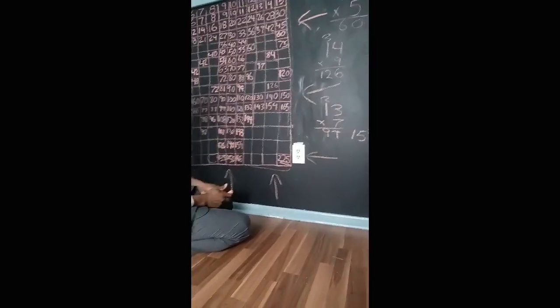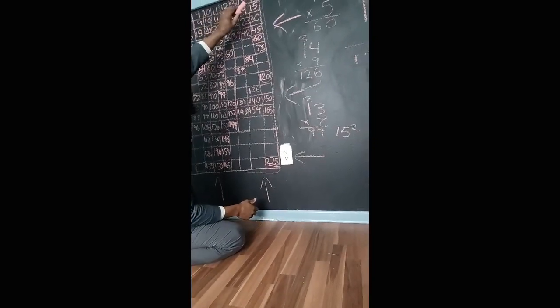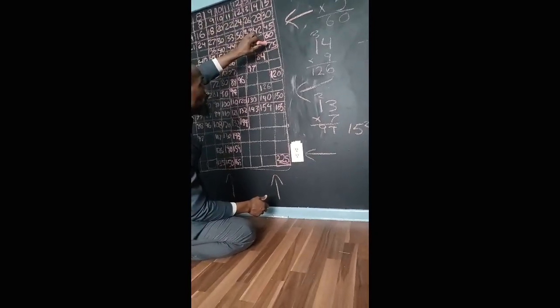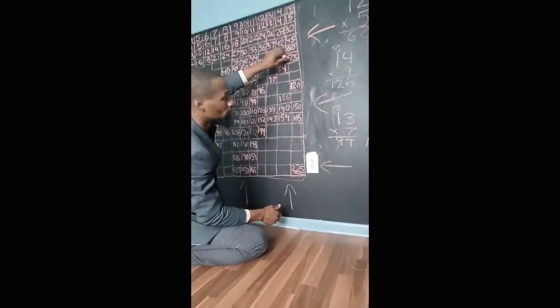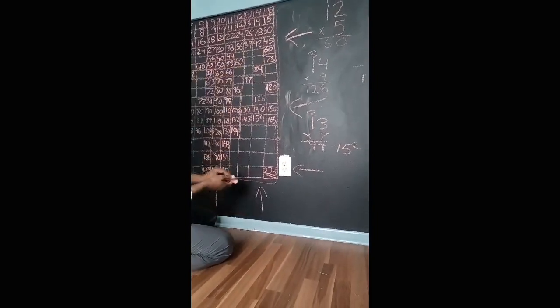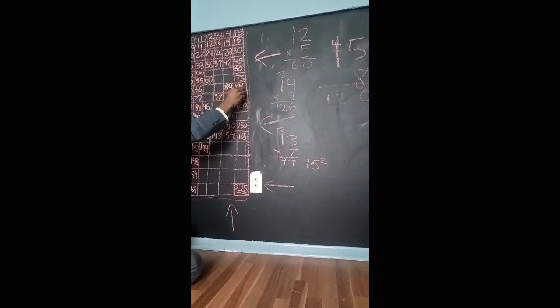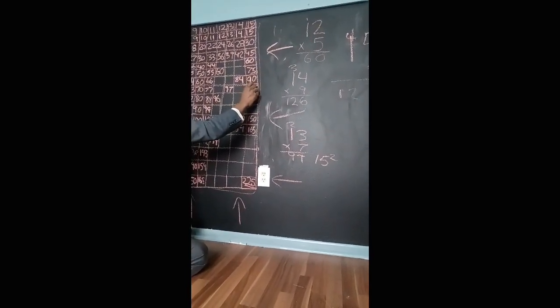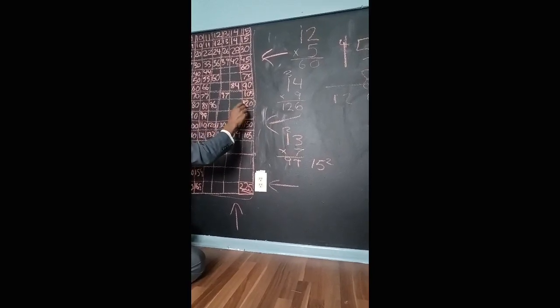Alright, so we're counting by 15s here. 15, 30, 45, 60, 75. Just jump a whole 10. Jump a whole 10, 85, then add 5, 90. Jump a whole 10, 100, then add a 5, 105. Jump a whole 10, 115, add a 5, 120.